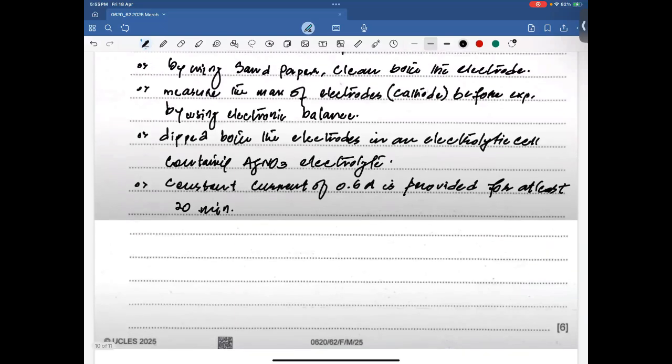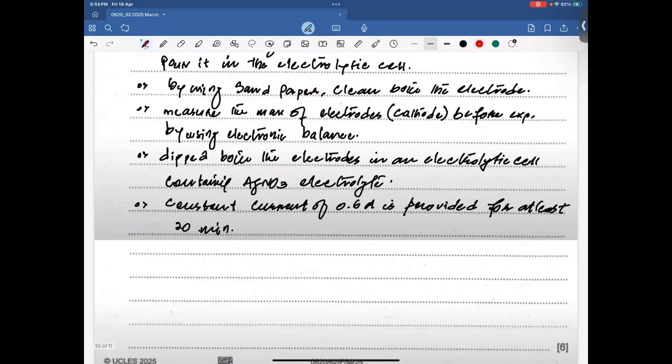One more thing. Let's suppose the mass before experiment was 55 gram.